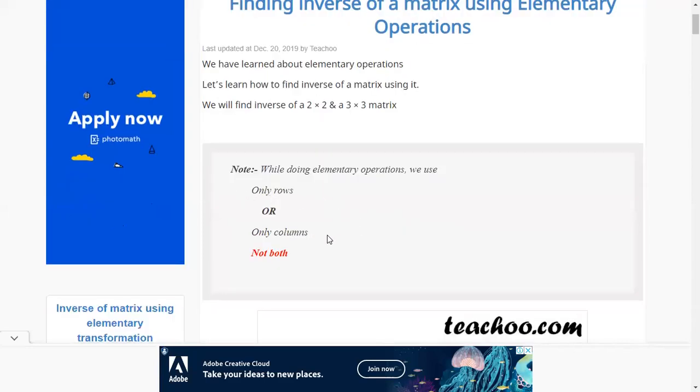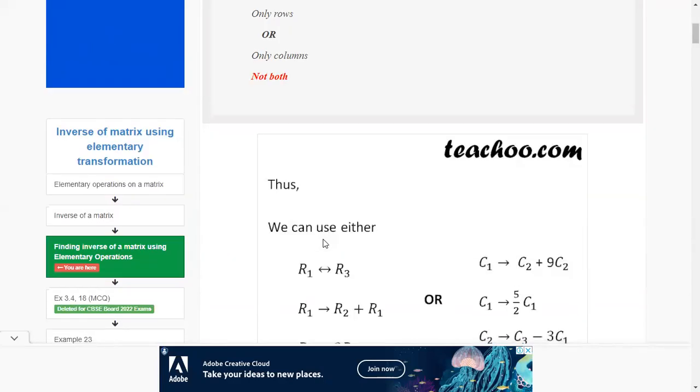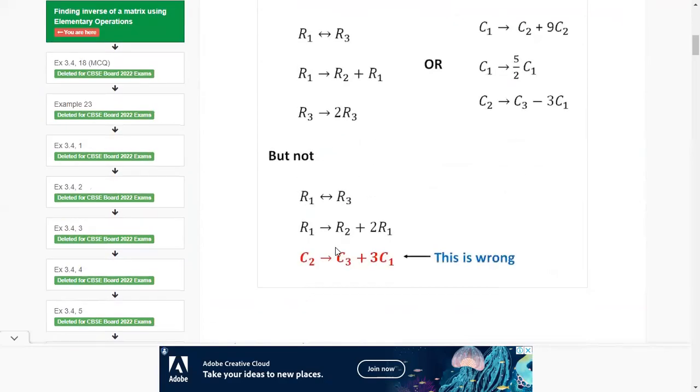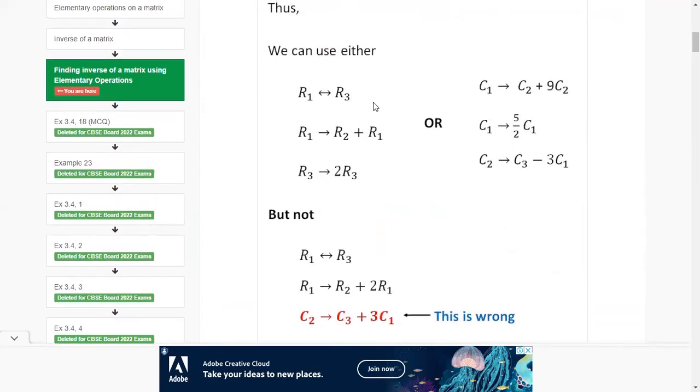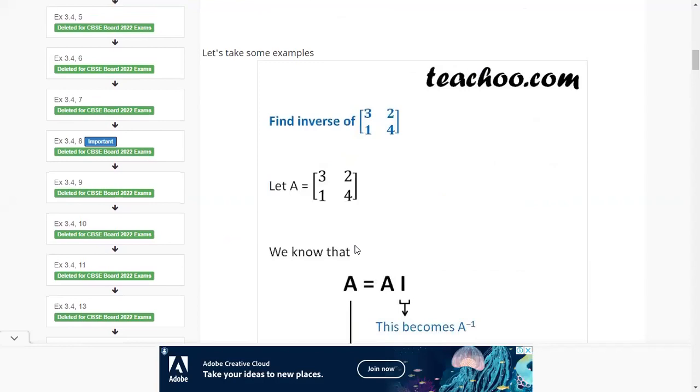And one more thing you need to remember: while doing elementary operations, at a time you can change either rows or columns, not both. So this is wrong, because they are changing the row as well as transforming the column. That is not possible.